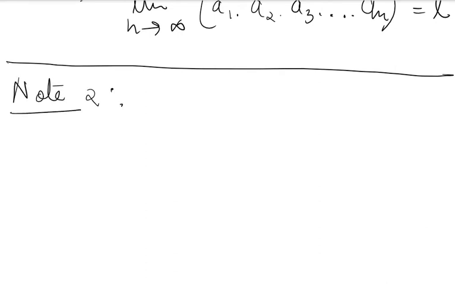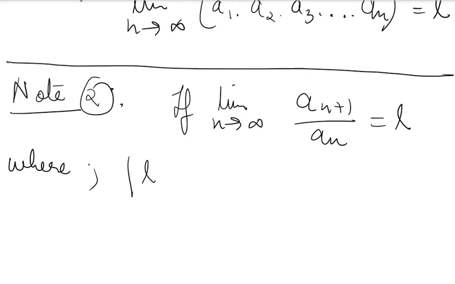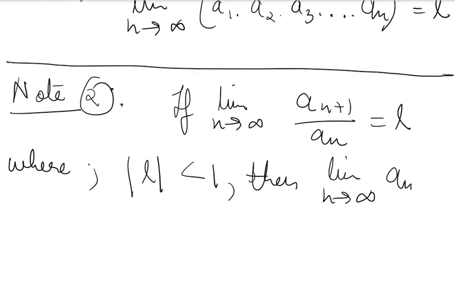So the second note says that if the limit as n tends to infinity of a(n+1) by an is equal to some limit point L where mod of L is less than 1, then the limit as n tends to infinity of an is equal to 0.